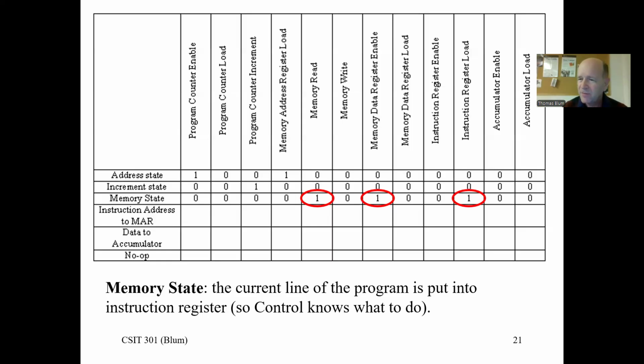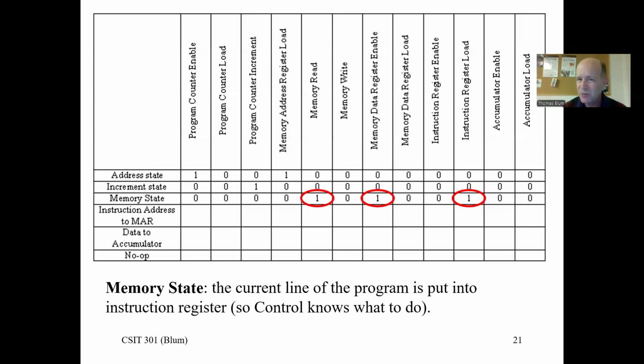We have the data, we want to get the data someplace else, so we need to put it on the bus. We don't connect every part of memory to the bus. We connect the memory to the data register and then the data register to the bus. So when we said memory read, that put the value that we are pointing to into the memory data register.